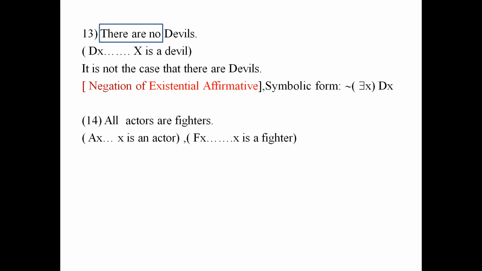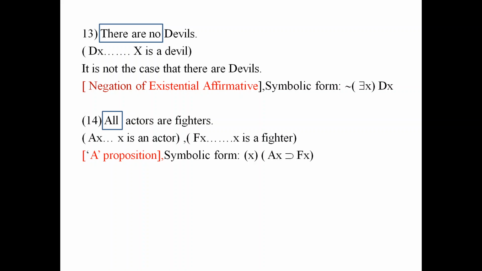Now we come to 14. All actors are fighters. Here the word all is used, and there are two classes, so it's an A proposition. We have to recognize whether it is A, E, I, O. So here it is A, and what is the symbolic form of A? Universal quantifier phi x horseshoe psi x.